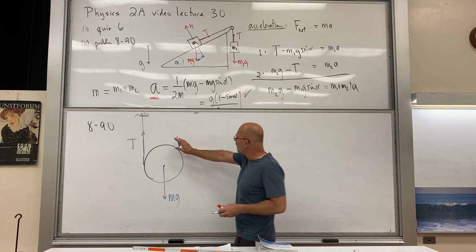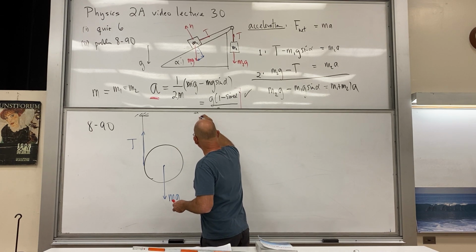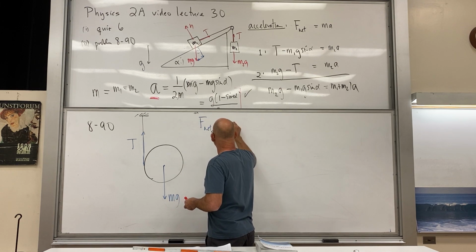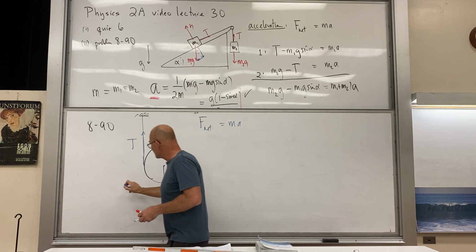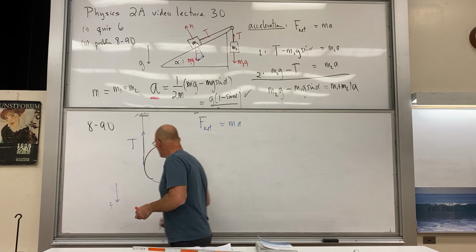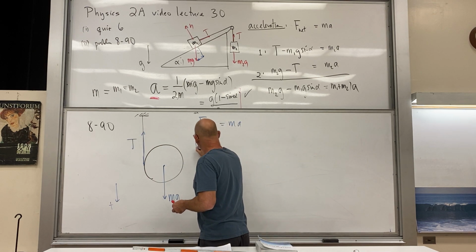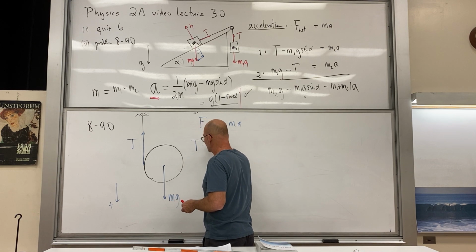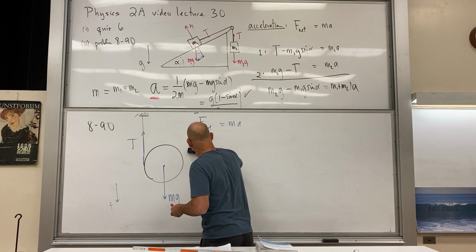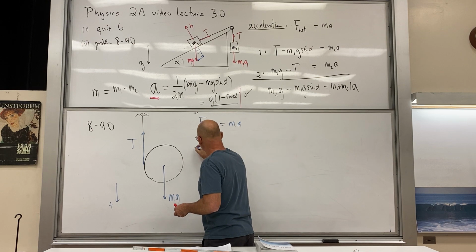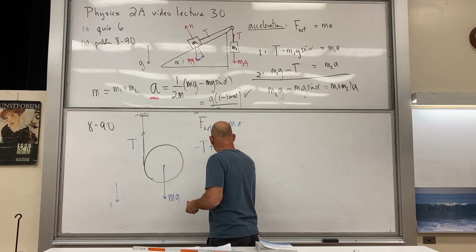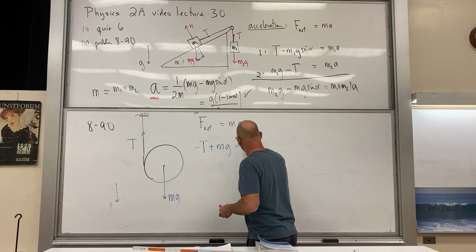So there are two things going on here. We have Newton's law, and I'm going to put the positive direction down. Works well right here. So then we have the net force is mg minus T, minus T plus mg is equal to ma.